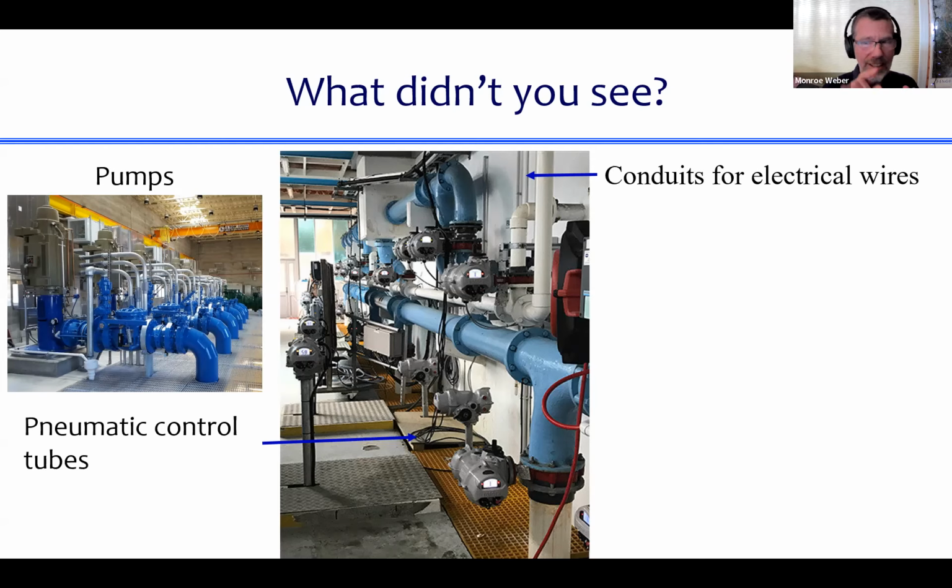And then the air goes in a hose, in a tube, up to the actual valve that you want to control, and that air pushes that valve closed or open, whichever way you're going.